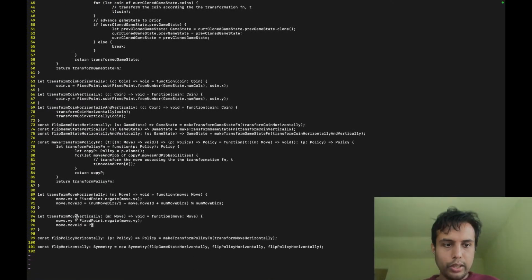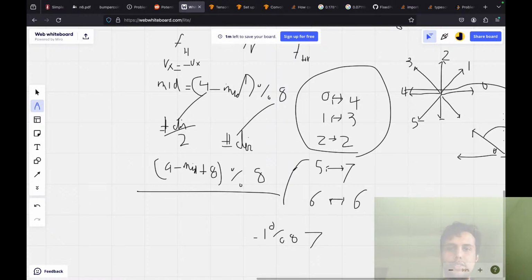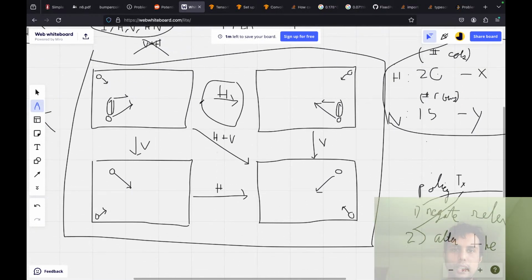So first, let's look at vertical transformations, right? Now, rather than looking at this h, we're looking at this v. So this arrow right here becomes this one right here, right? So now the horizontal component remains the same. So let's make this a square instead of an oval.